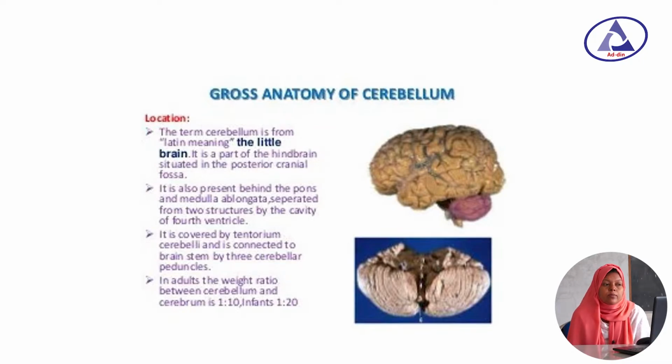Again, we have known the gross anatomy of the cerebellum. First, location. It is located in the posterior cranial fossa. It is a part of hindbrain and it is separated from the pons and medulla oblongata by the cavity of the fourth ventricle, and it is covered by tentorium cerebelli and is connected to the brainstem by 3 cerebellar peduncles.